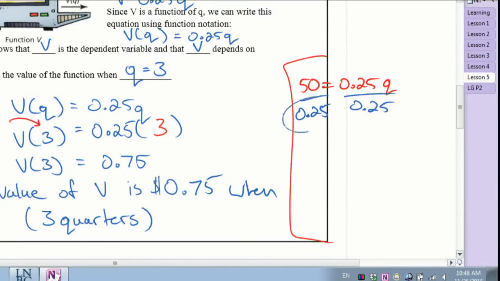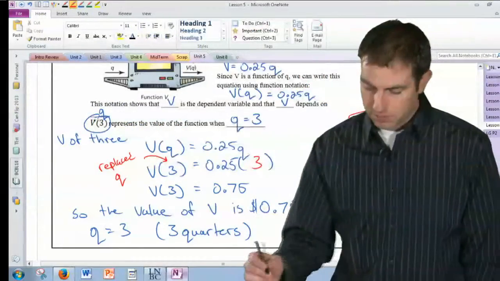It turns out that dividing by 0.25 is the same thing as multiplying by 4. So that works out nicely. We end up with 200 is equal to Q. We're actually going to end up doing that in the next couple of examples here, Alex. You're just a bit ahead of me, so you don't need to write this down, but that's what you're saying. And there you go.